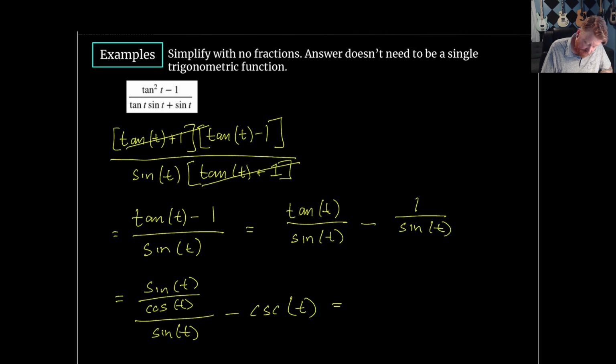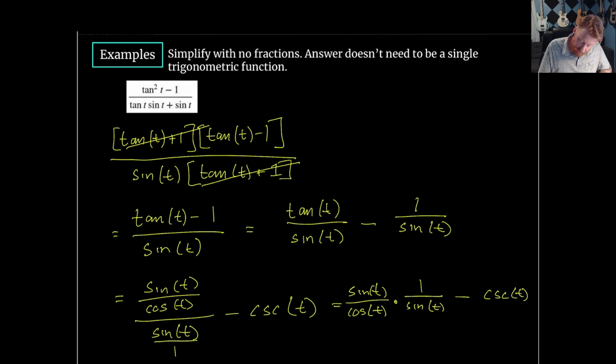And then if I think about this complex fraction over here, this gives us sine of t over cosine of t times the reciprocal of the denominator here, 1 over sine of t minus the cosecant of t.